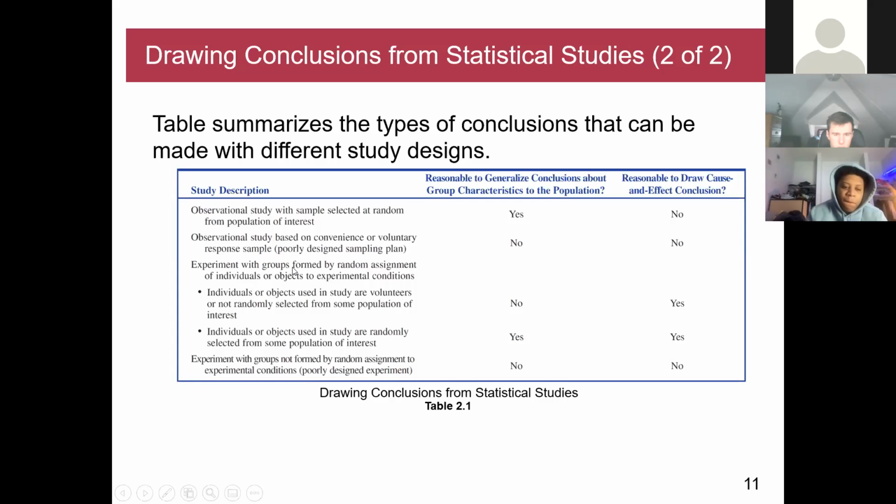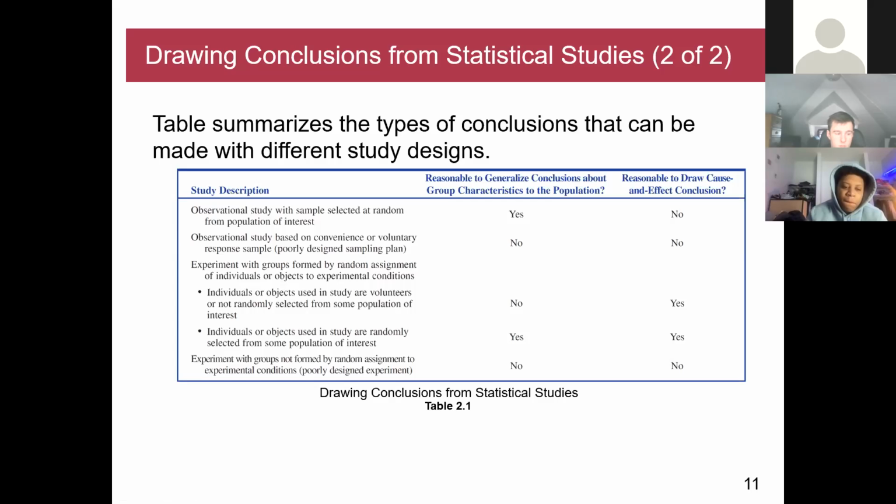As far as experiments are concerned, we're experimenting with groups formed by random assignment of individuals or objects to experimental conditions. So this random assignment is critical. What's it critical for? It's critical when we want to draw cause and effect conclusions. Without random assignment, you can't draw any cause and effect conclusions.